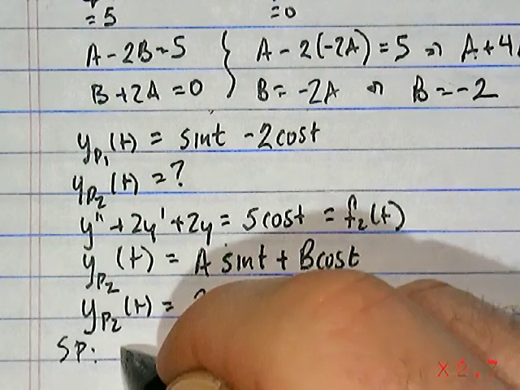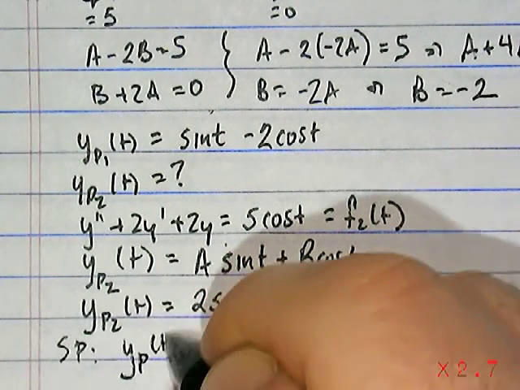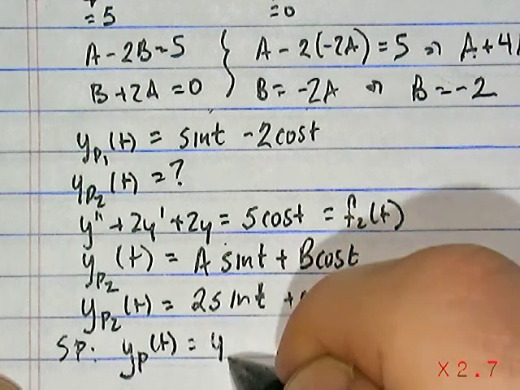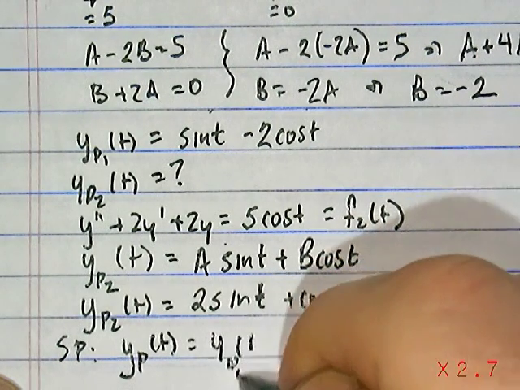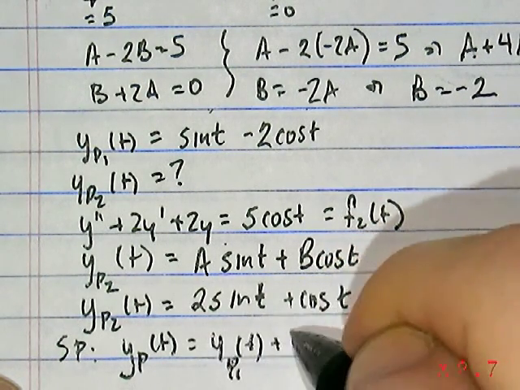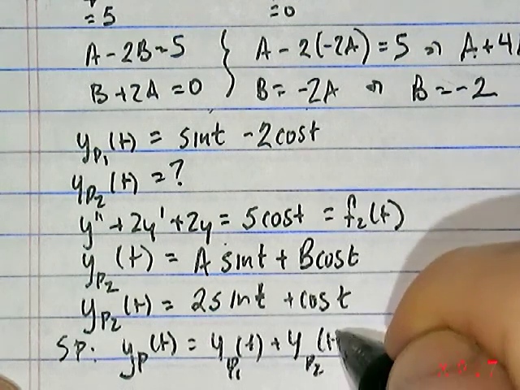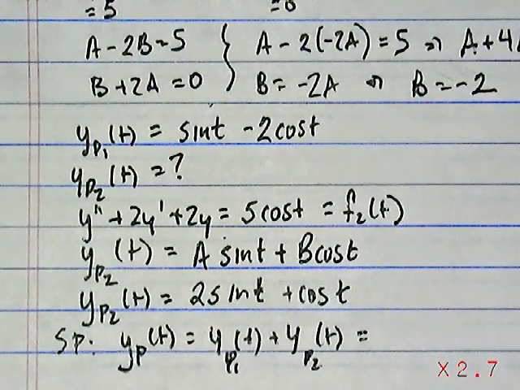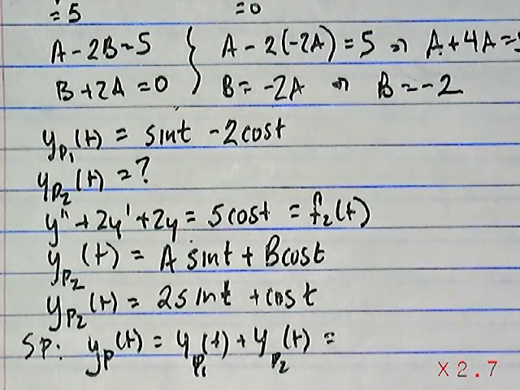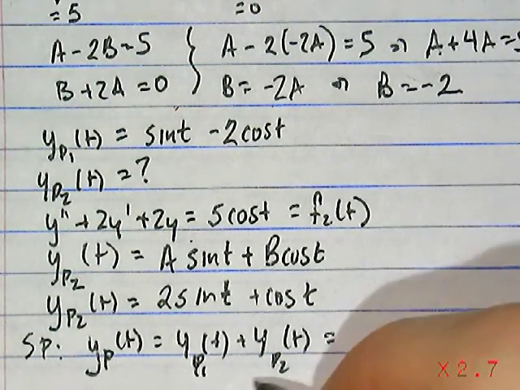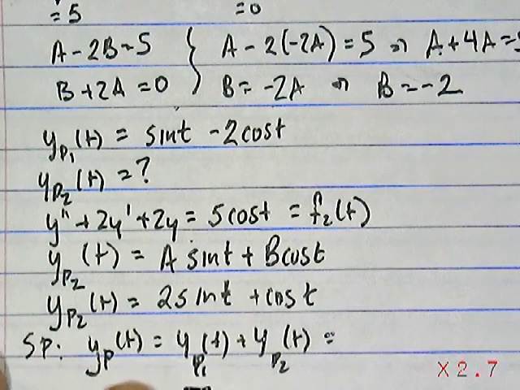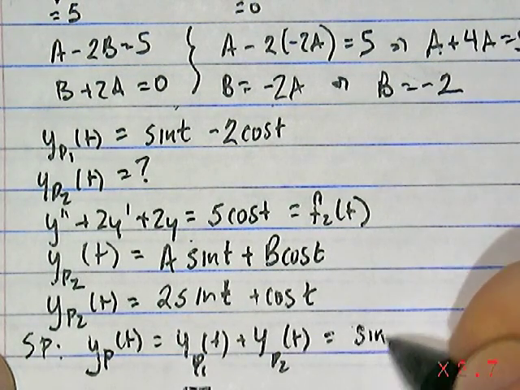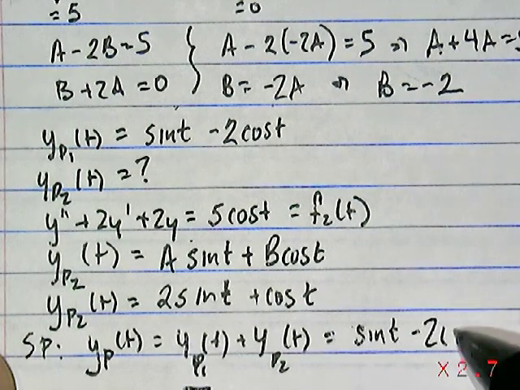So then by superposition, the overall particular solution we need is adding y piece of 1 of t to y piece of 2 of t. And in this case, we go back from what we had earlier. We determined that the first component here, the y piece of 1 of t, is going to be sine t minus 2 cosine t.